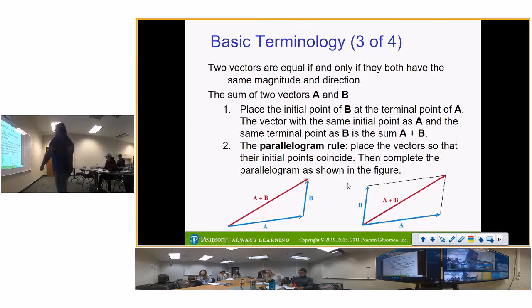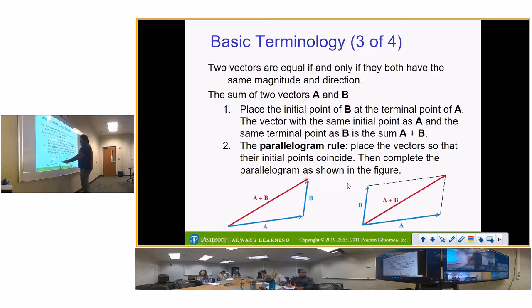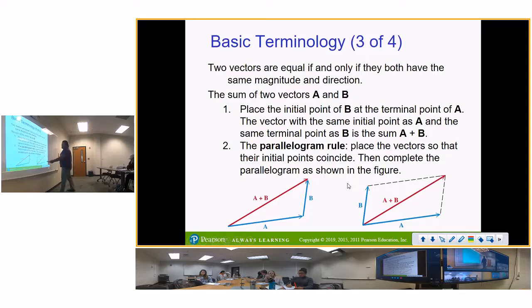Head to tail is when you take the tail end of one vector and put it to the head of the other vector. And that makes a triangle. Another way to do it is to write a parallelogram and then draw a bisector, and that's the resultant vector.